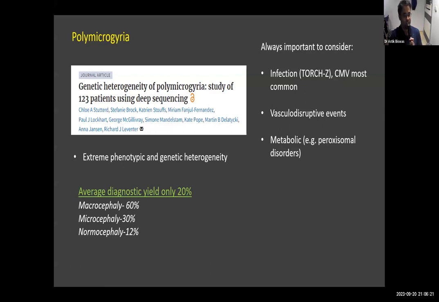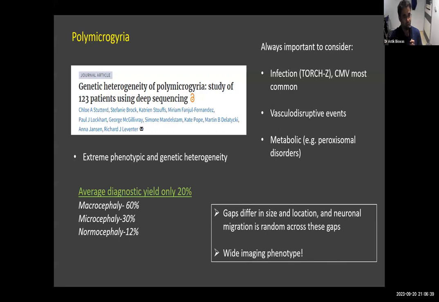What that does is disrupt the glia limitans, and then the polymicrogyria occurs secondary to that. And finally, certain metabolic disorders can cause polymicrogyria. For example, Zellweger syndrome is a good example of that. It has a very wide imaging phenotype because these gaps differ in size and location, and the neuronal migration across these gaps is quite random.